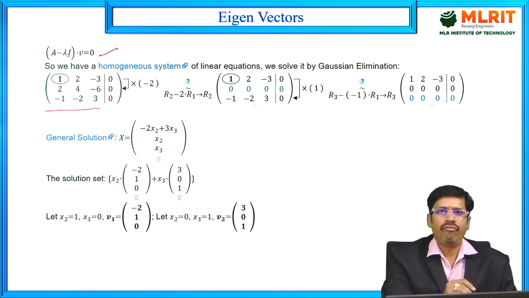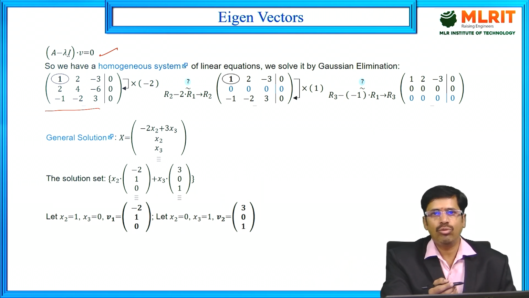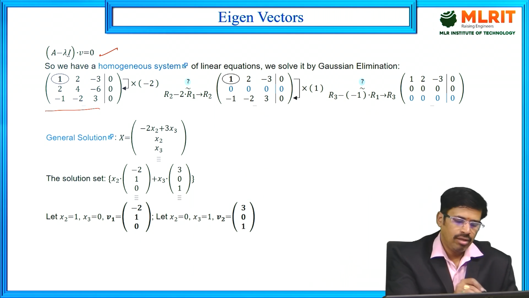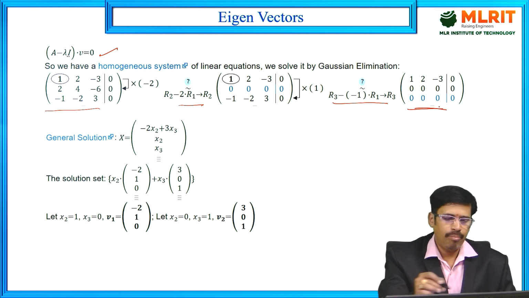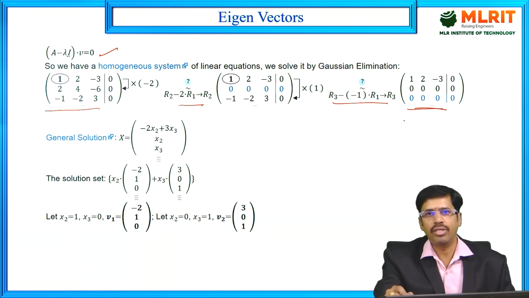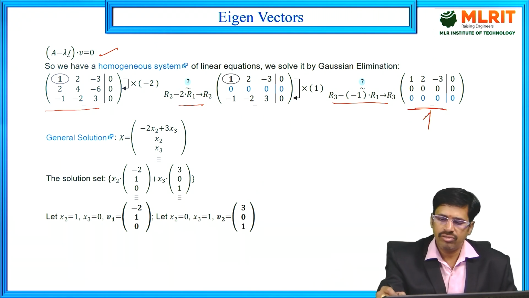Now we have to convert this into equations and solve them, or we can reduce the matrix into echelon form and by back substitution, that is by Gauss elimination, we can solve the equations and find the solution. So these are the row operations, and I am converting the matrix into row reduced echelon form. So this is the matrix we got.